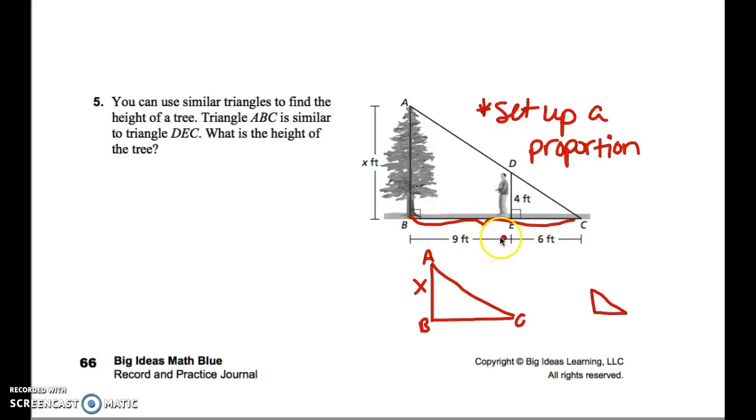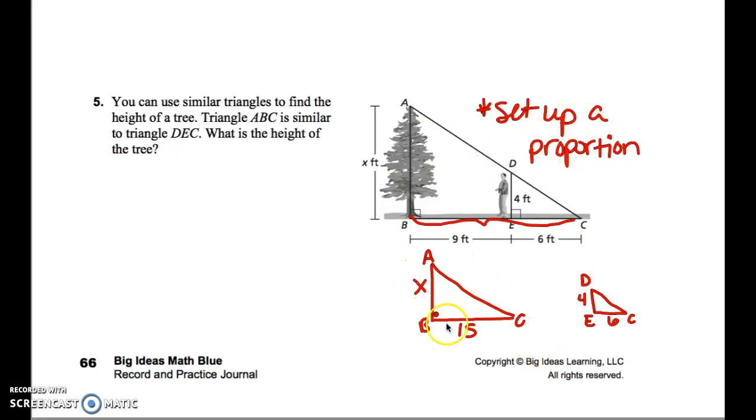Notice that that covers 9 plus the 6, which would be 15. Okay? And then on the small triangle DEC, I notice that DE is 4 feet, right there, and EC is 6 feet. So these are the numbers that I'm going to pull into my proportion.